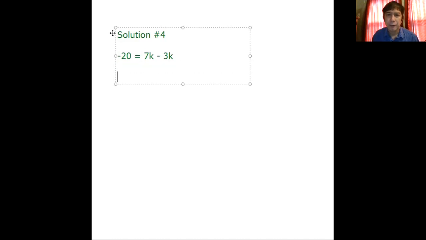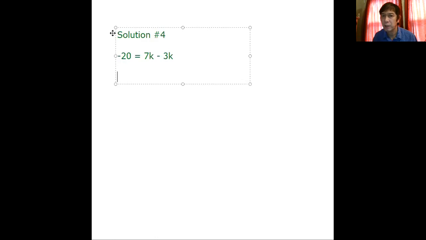All right. Now, how do we solve this part? Okay, you can see the left side is a number. The right side of the equation consists of 7k minus 3k. If you combine 7k minus 3k, which is like combining like terms, that will simply become 7 minus 3.